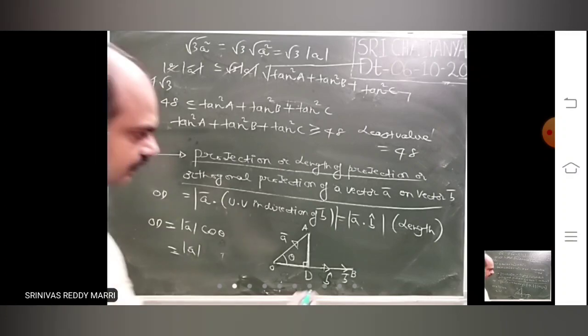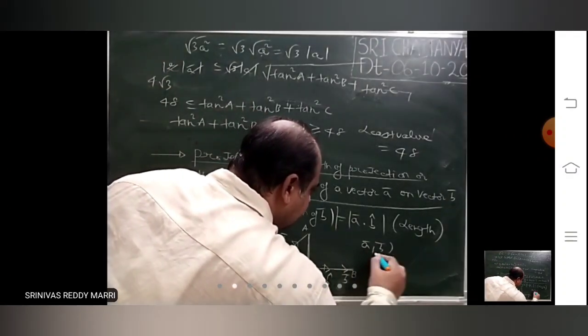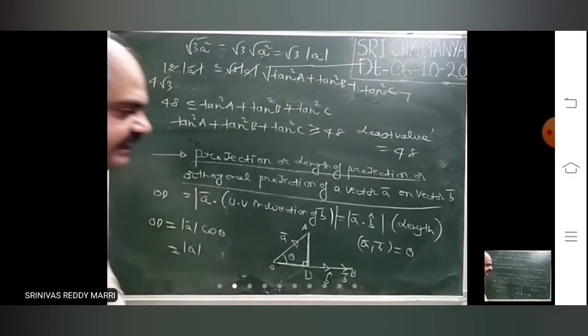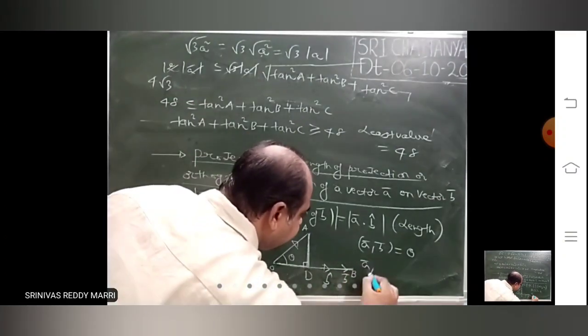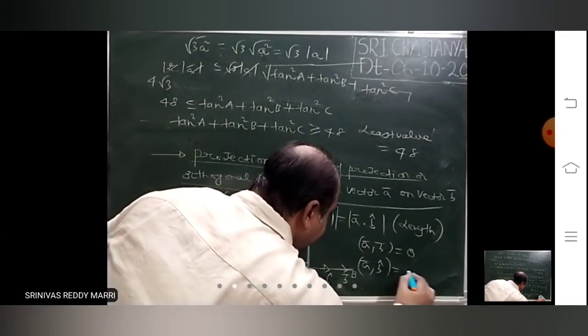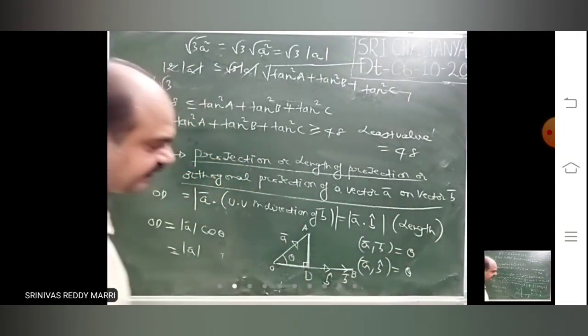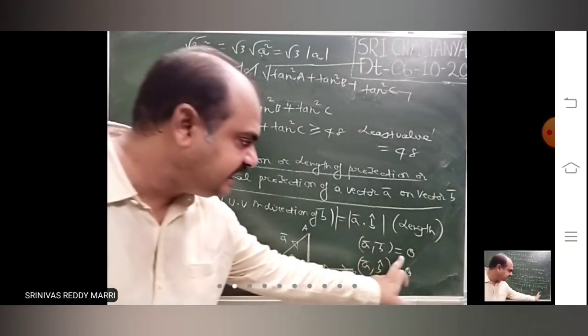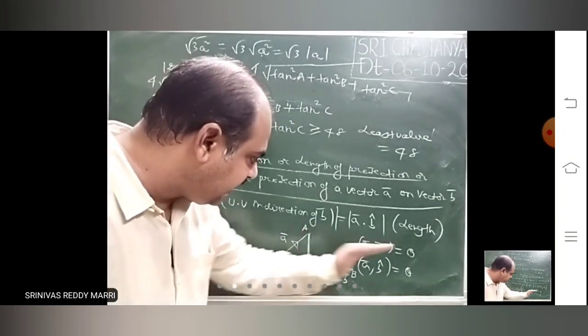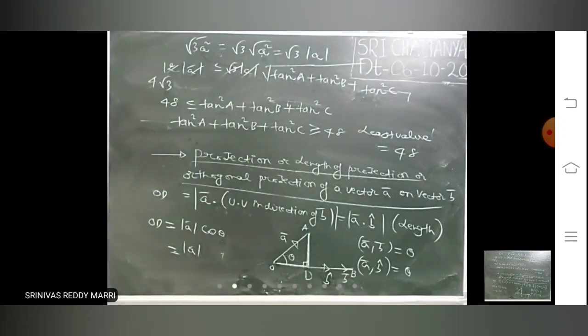Now look at A bar comma B bar. I have taken angle theta. What is the angle between A bar and B cap? This is also theta. A bar direction is this, B cap direction is also that. That means if this angle is theta, the angle between A bar and B cap is also theta.